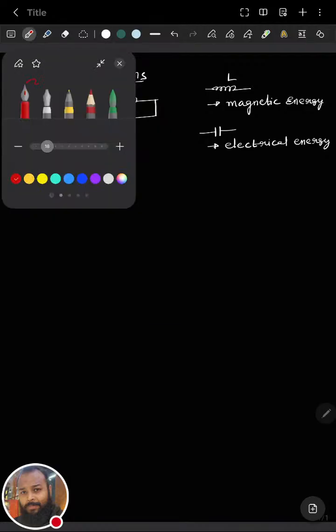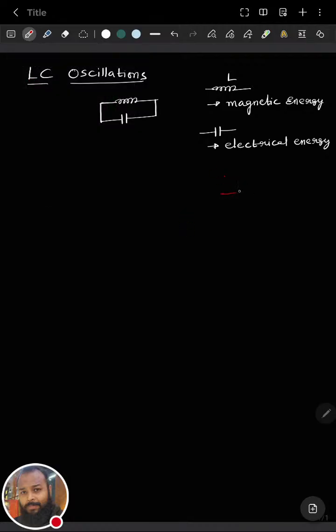We've studied two types of circuits already in the class. One is the RC circuit, where you have a resistor and a capacitor which we charge using a battery. When it reaches steady state, the capacitor is fully charged and no current flows through the battery because the potential difference across the battery and the capacitor is the same.